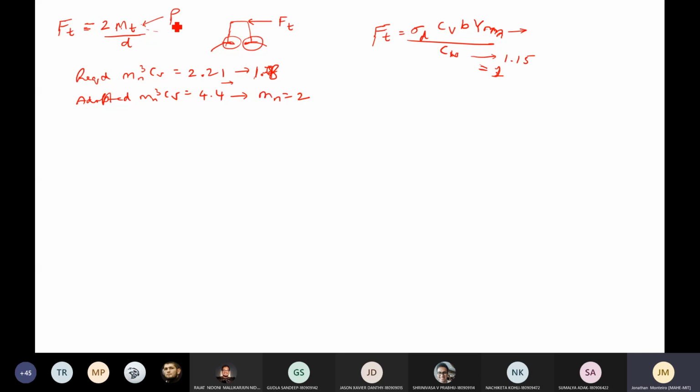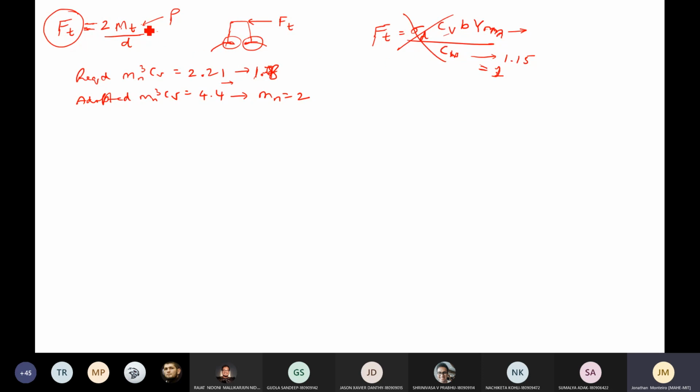So for a power that is getting transmitted, without considering Cw and without considering the rounding off to the higher value of Mn, this Ft will be taken care of. That is why we go with the normal method, that is torque is equal to tangential load into radius. We do not use this formula back again.